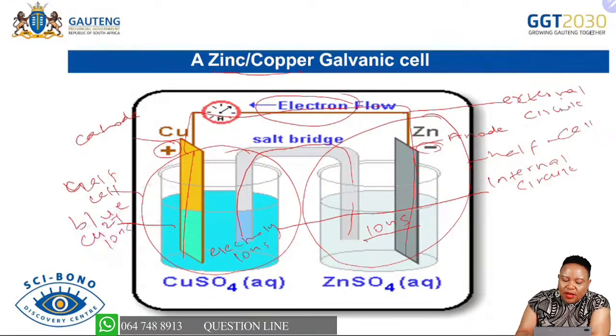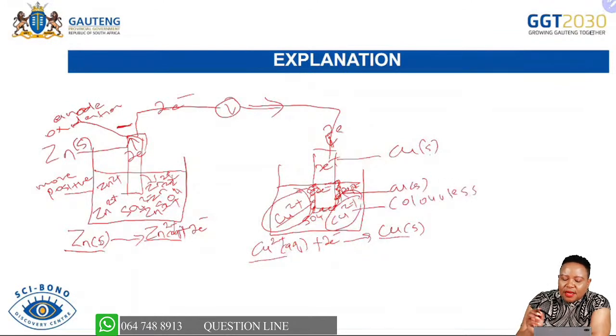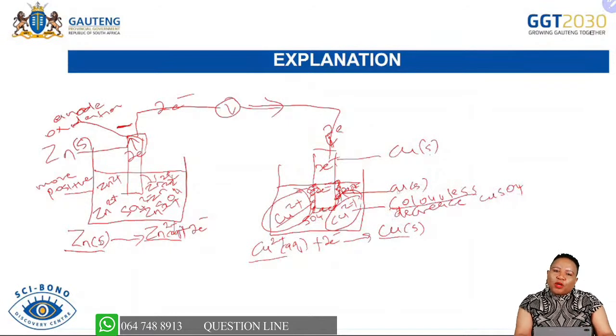Now, when the copper 2+ ions from our solution move away and become copper, the color of our solution will become colorless, because the copper 2+ ions are moving away from the solution, decreasing the concentration of copper sulfate, meaning that we are using up the copper 2+ inside the solution.